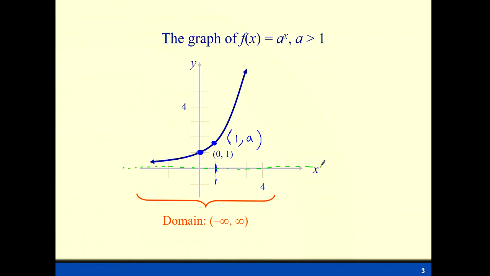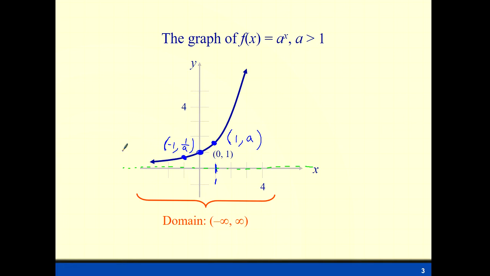Now technically, the other coordinate that we could actually use and find would be this coordinate right here at x equals -1, which would be 1 over a, depending on what it is. So those 3 points right there are really the ones that I look for when I look at graphing the exponential: when x is -1, when x is 0, and when x is 1.